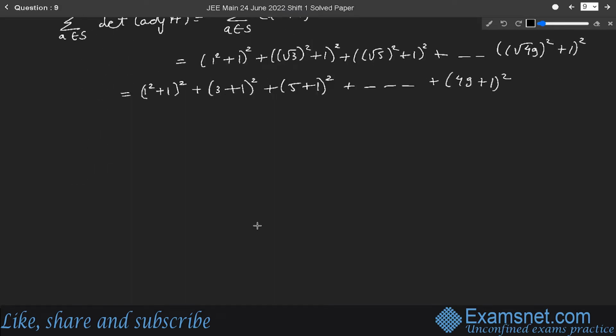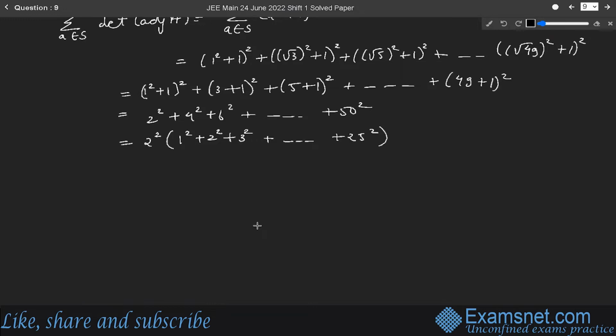So on adding these values, it will be 2 square plus 4 square plus 6 square plus so on up to 50 square. You can see that the series consists of even numbers. So taking 2 square common, the remaining terms will be 1 square plus 2 square plus 3 square plus so on up to 25 square.